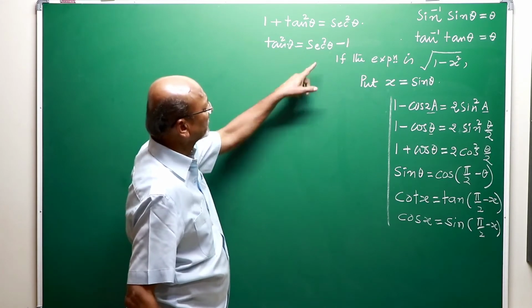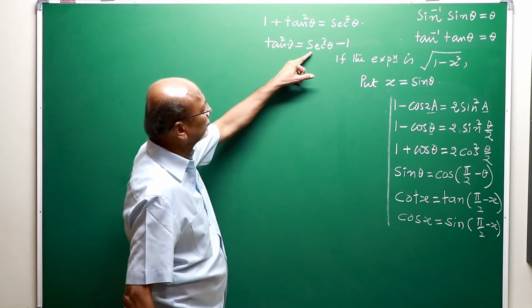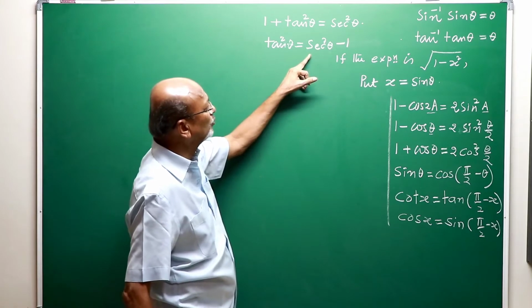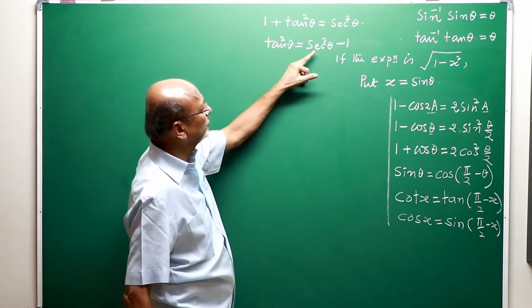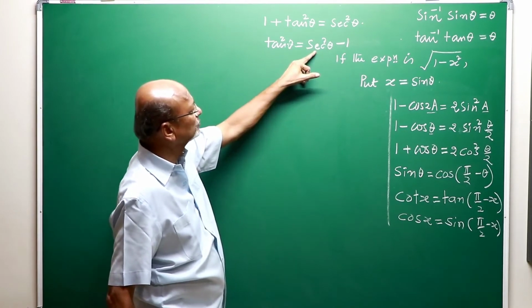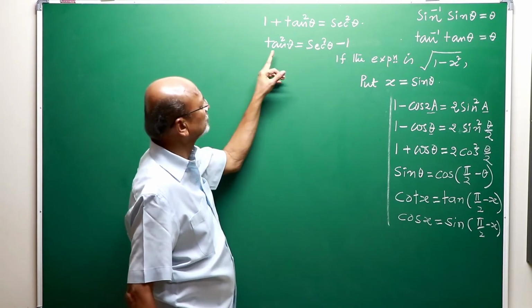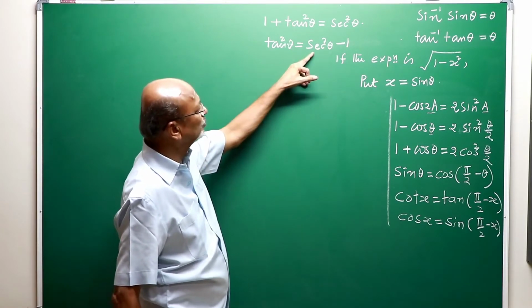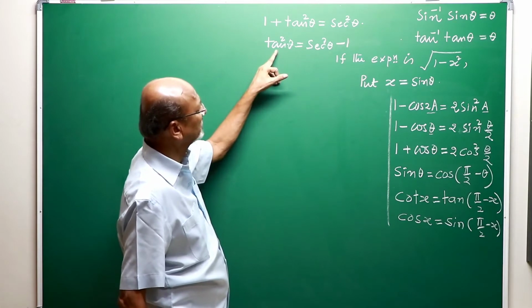If the expression is x square minus 1 or root x square minus 1, then put x equal to sec theta, so that x square minus 1 becomes tan square theta and root x square minus 1 becomes tan theta.